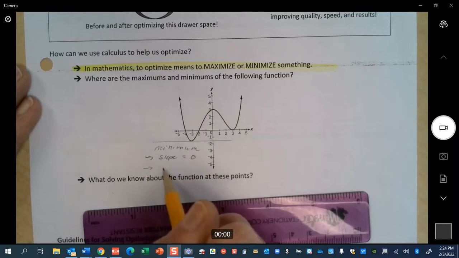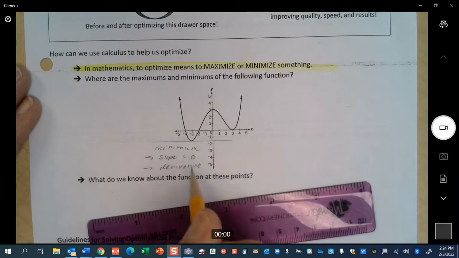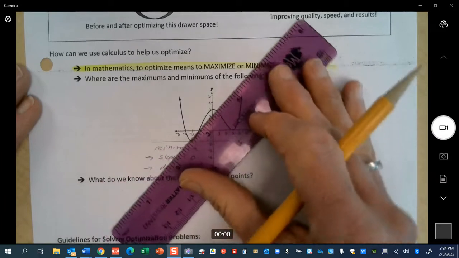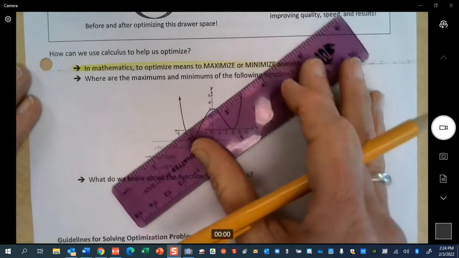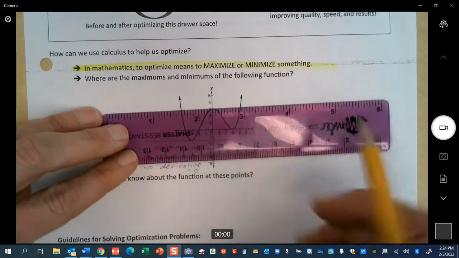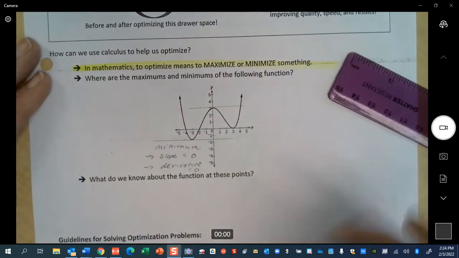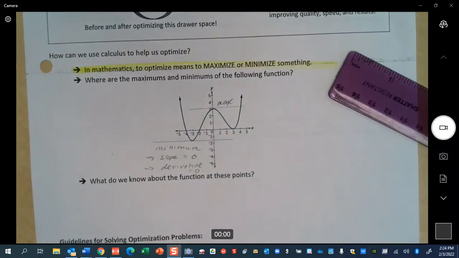That's when I'm looking at my derivative. As my tangent line progresses, I'm going up, up, up, and then I'm looking at the slope of my tangent line here. At the maximum of my graph, I again have a slope equal to 0.